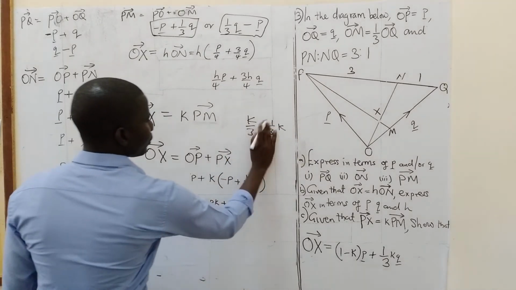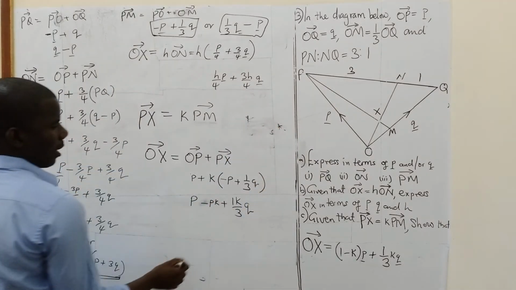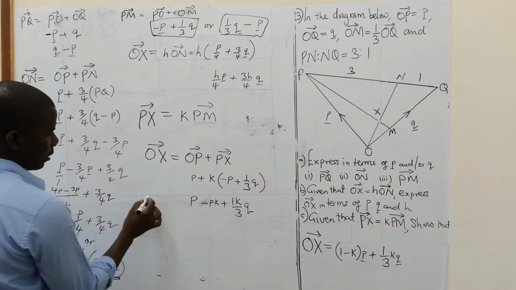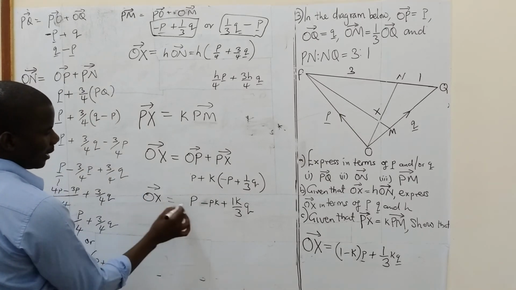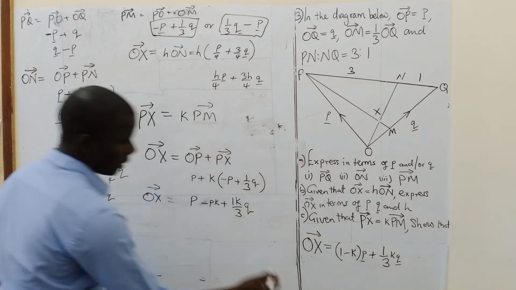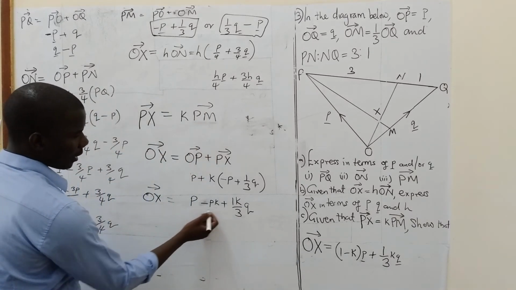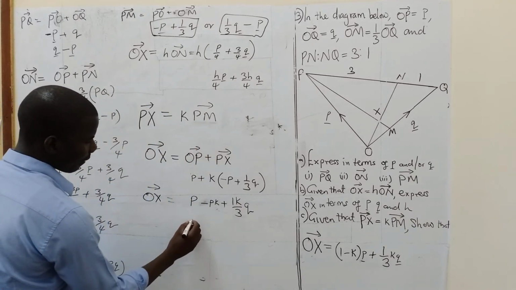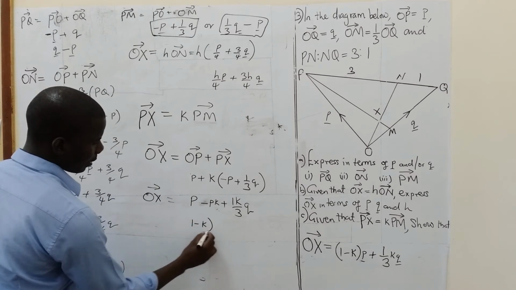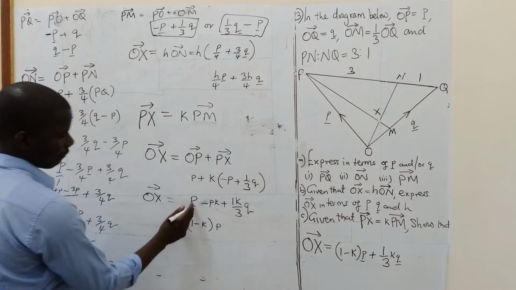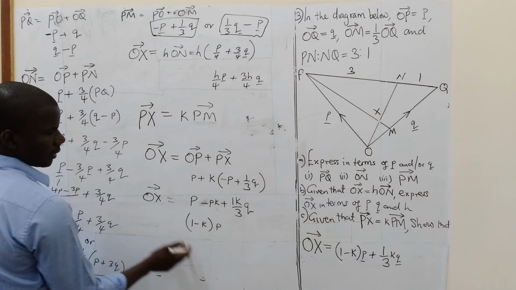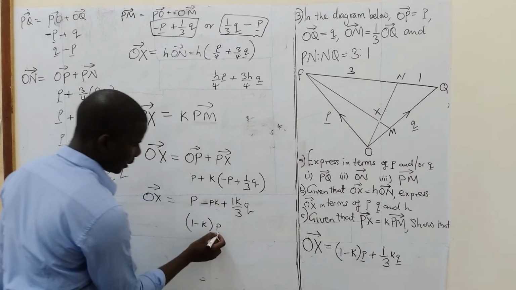Alright, so now let's conclude that OX here is equals to this one. So on the first part, what is common here? P is common, so P was factorized. When you factorize P here, this is exactly what you're going to get.